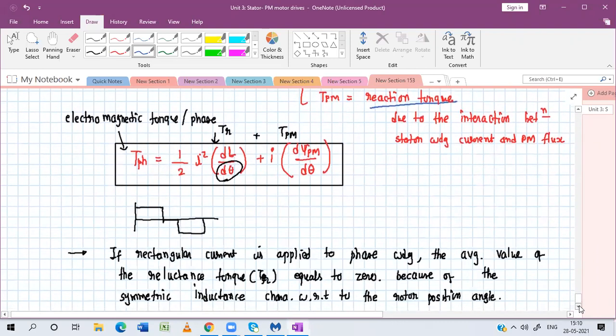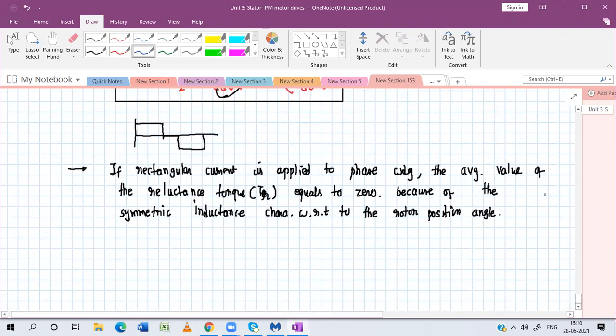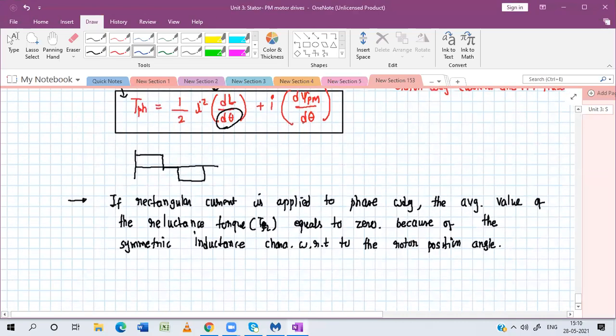Now in this particular equation, if we apply a stator current which is in rectangular form, then the average of this will be zero. If the average is zero, then this portion is equal to zero, and only this portion will remain.